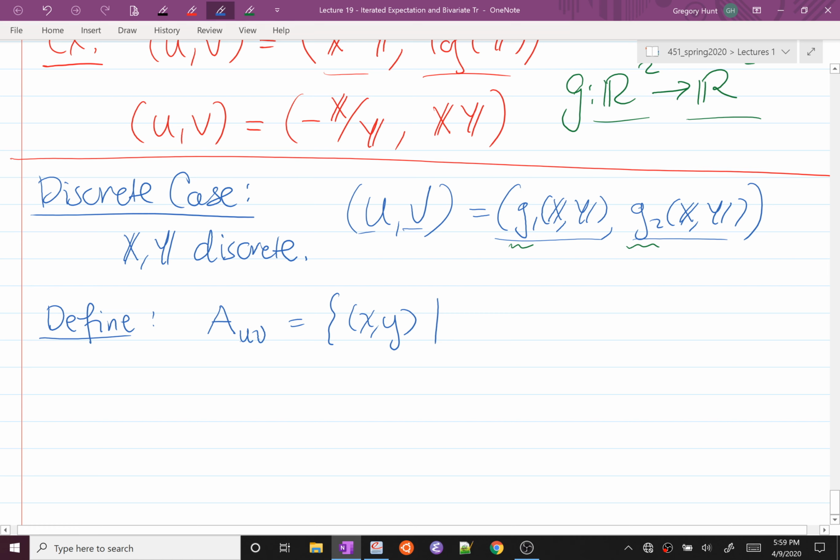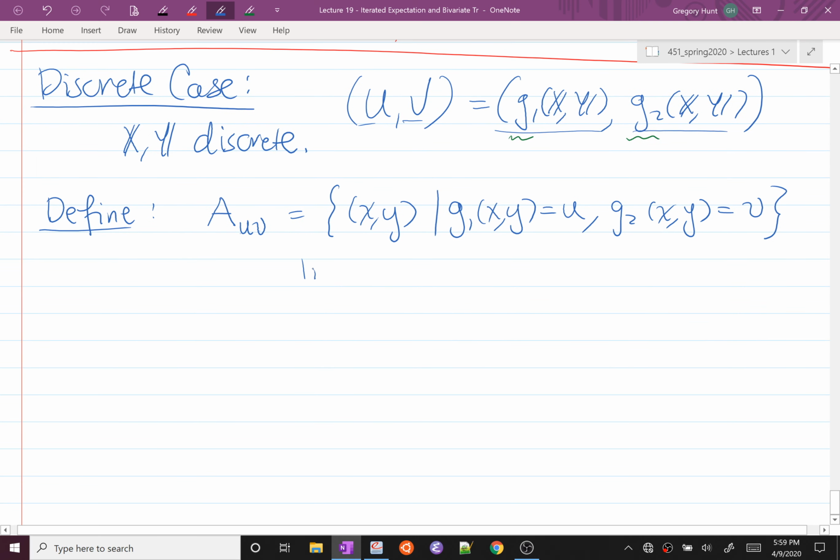It's basically going to be the inverse image. So it's all pairs x and y. When I plug in x, y, I get u under the first component, g1. And if I plug it into my second component function, g2, I get v. So it's basically the inverse image of u comma v under g.